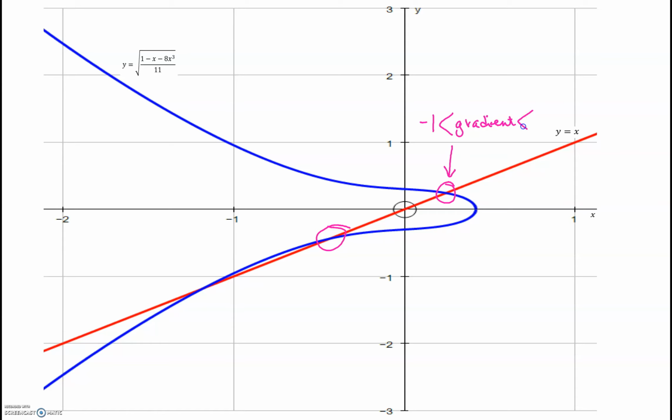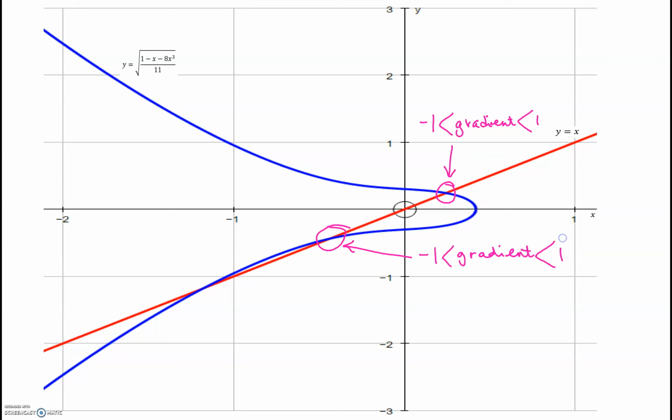So it's negative, but it's not quite as steep as -1. And the gradient at this point, because the blue curve is cutting across the y equals x line, which of course has a gradient of 1, the gradient here as well is between -1 and 1.